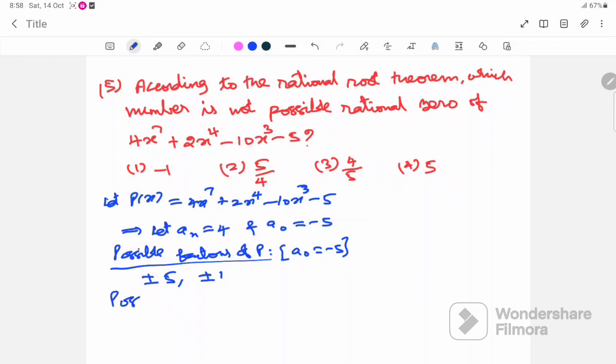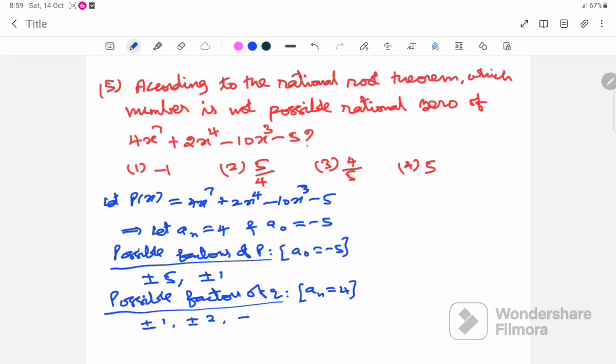Next, we can find possible factors of q. It is an, 4 was the coefficient. So the possible factors of 4 are the divisors: 4 will get divided by 1, 4 will get divided by 2, 4 will get divided by 4.